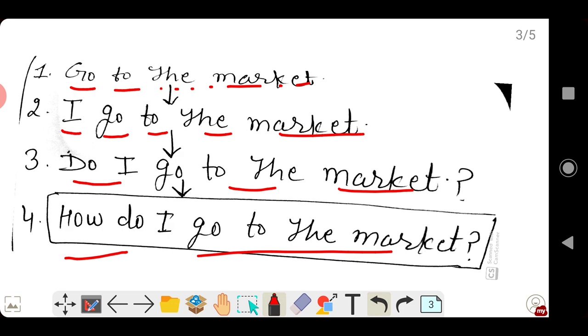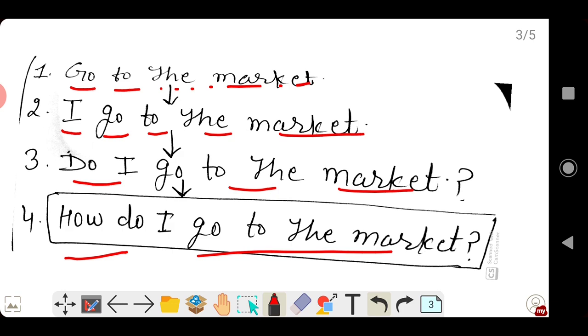If you are asking the procedure of something, how do I get there, how do I do this, you just speak with "How do I go to the market?"